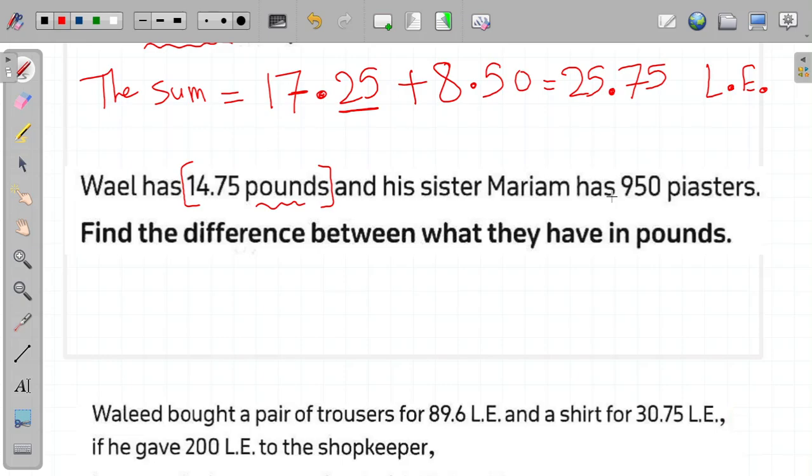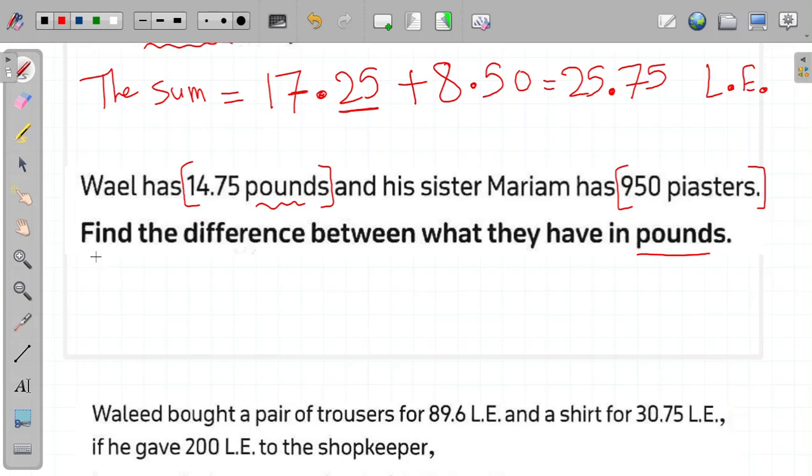And his sister Mariam has 950 piasters, and this is a different unit. So I will convert one unit to the other one. But here I want the difference in pounds, so I will convert piasters to pounds.